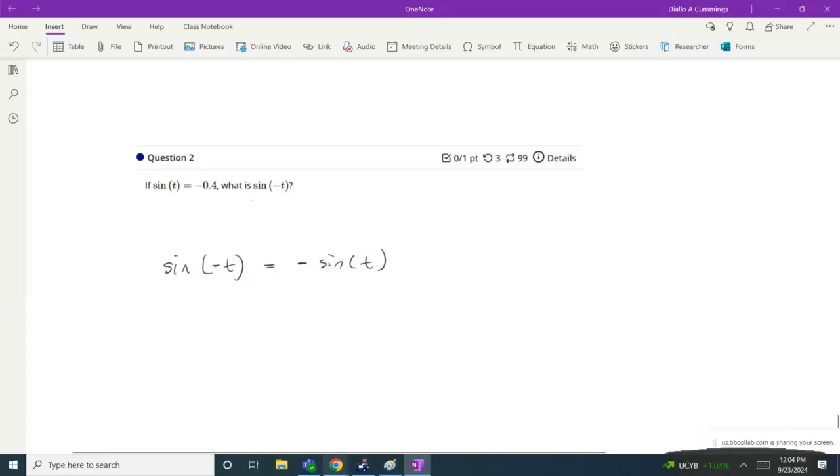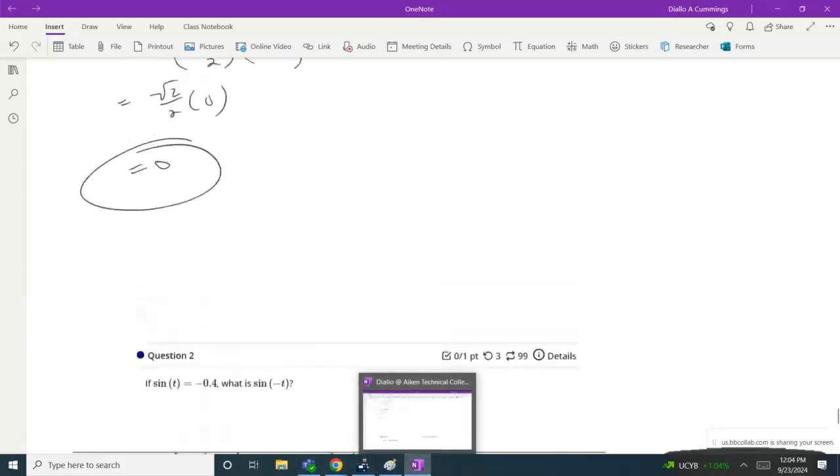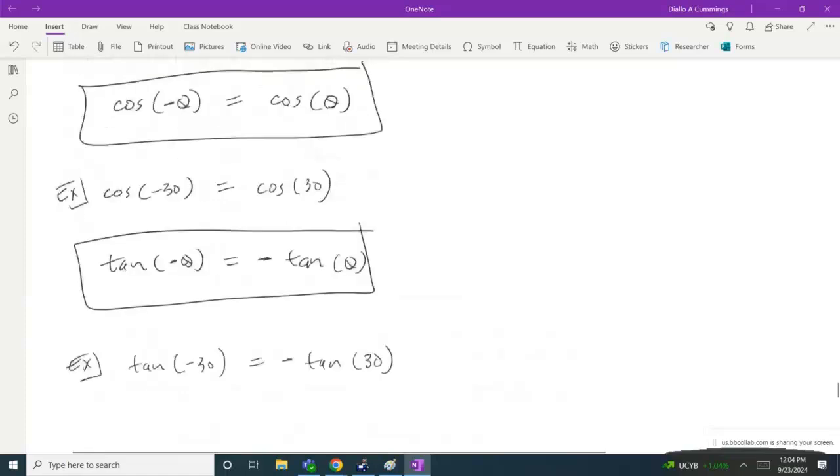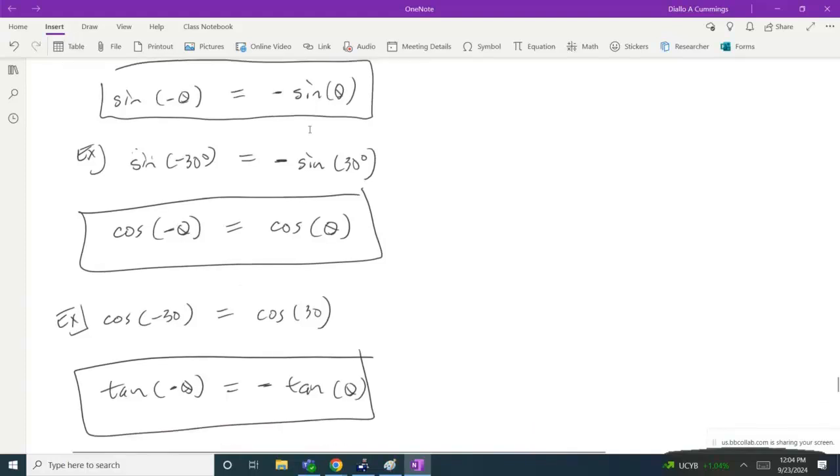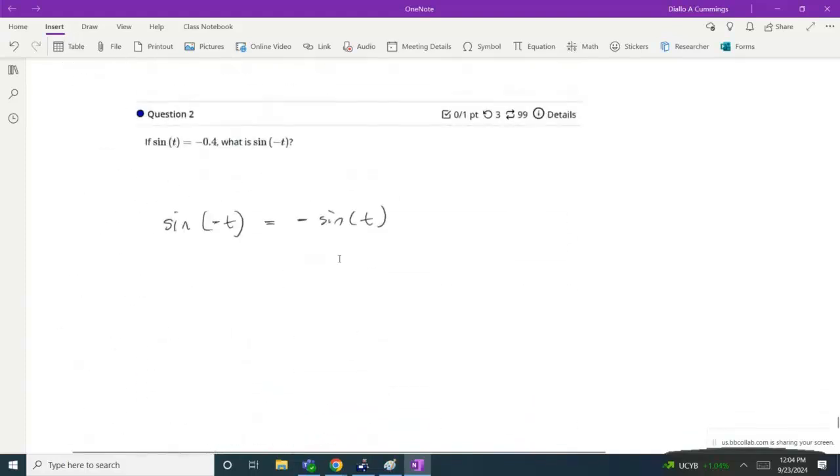So that comes from this, right? The sine of negative theta, or negative t, is equal to negative times the sine of positive theta, or positive t. So I just simply use that formula and substitute theta for t. The sine of t is equal to what?